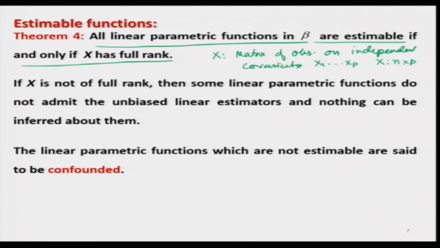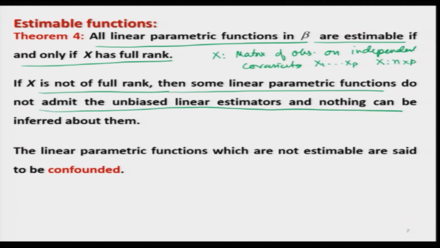And what really happens if X does not have full rank? In case X is not a full rank matrix, then some linear parametric functions do not admit unbiased linear estimators, and nothing can be inferred about them.